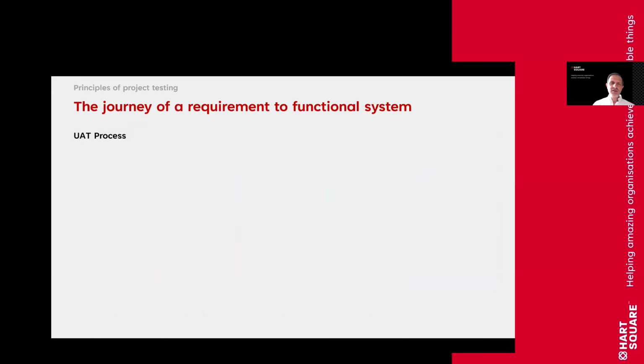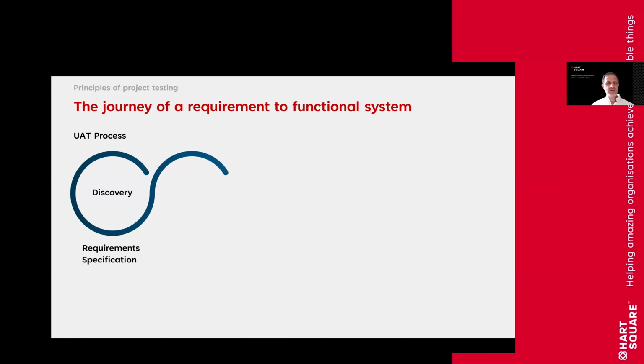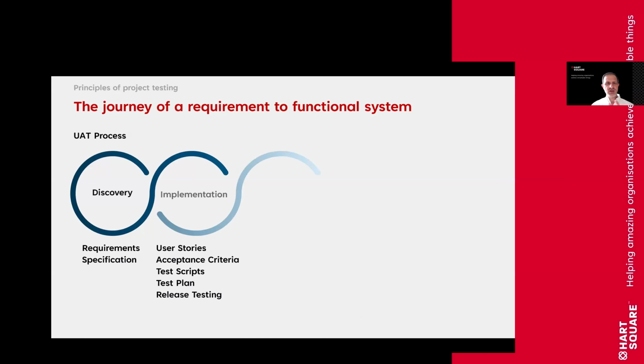If we actually now look into the UAT process in a little bit more detail, so again, just to bring this together. In the discovery phase, you'll have your requirements and your specification. In the implementation stage, people start developing those user stories or acceptance criteria. Then the test scripts really should start at the beginning of the implementation phase, in alignment with starting to define your test plan.